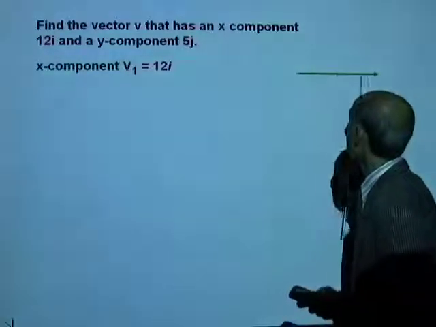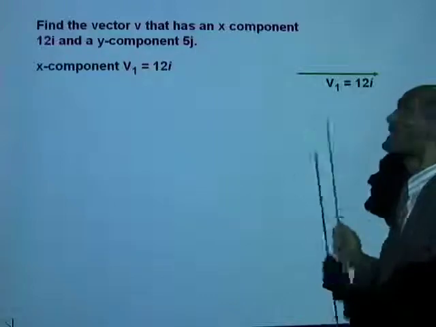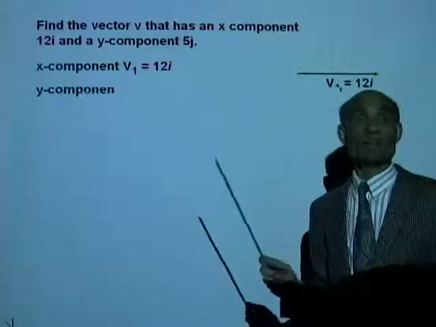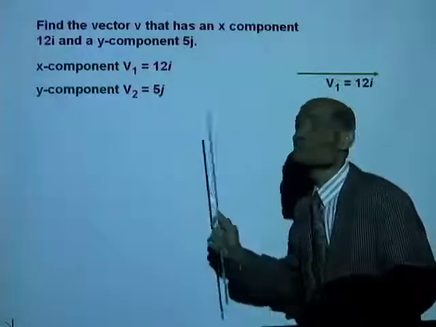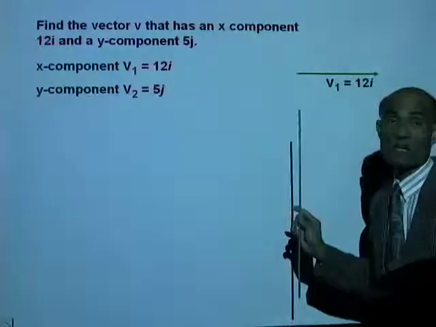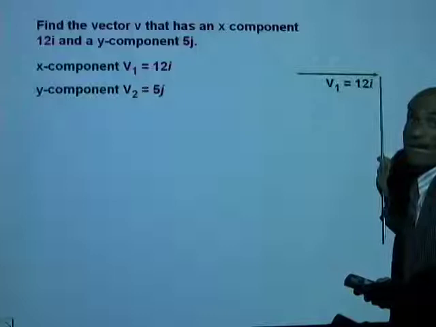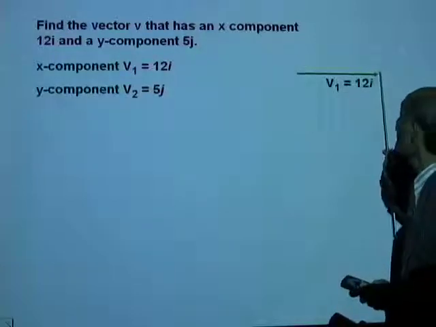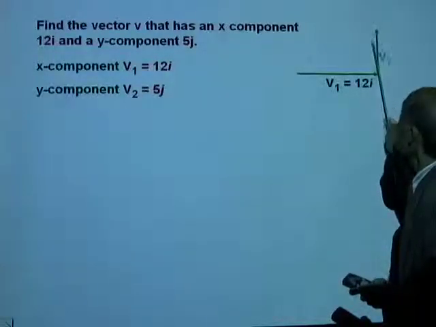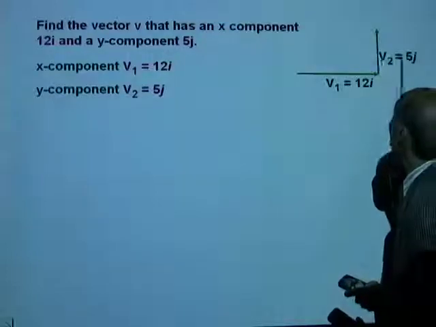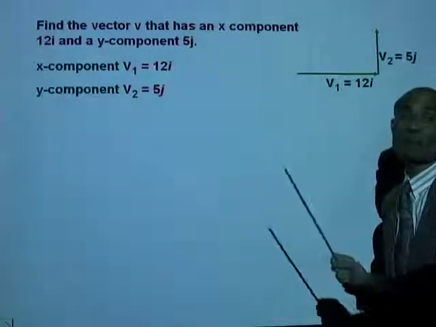And let's draw this. This is the 12, v1 equals 12i. The y component v2 equals 5j. Where will I draw this? Draw that from the head of the first vector. There you are. So the y component is v2 equals 5j.